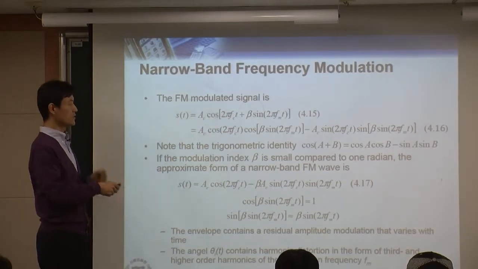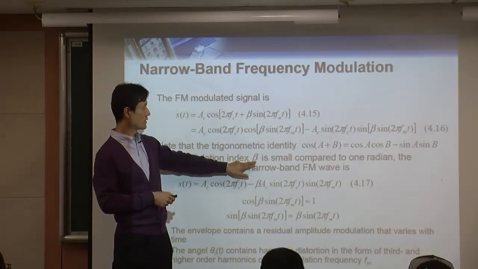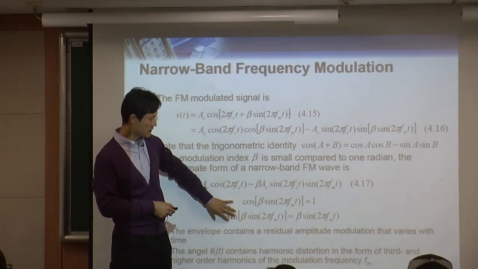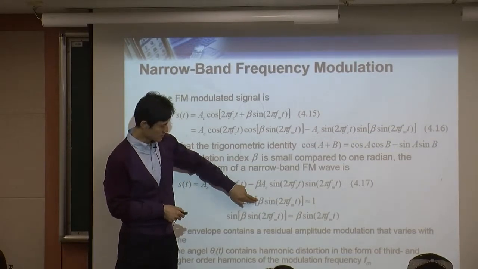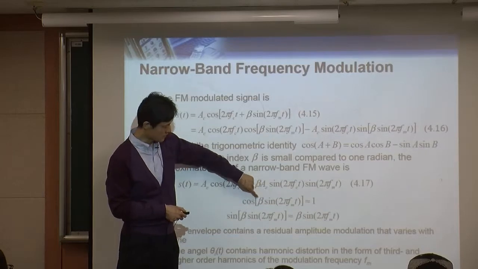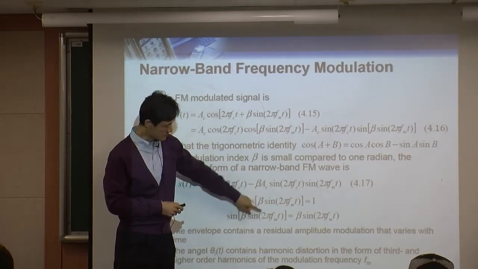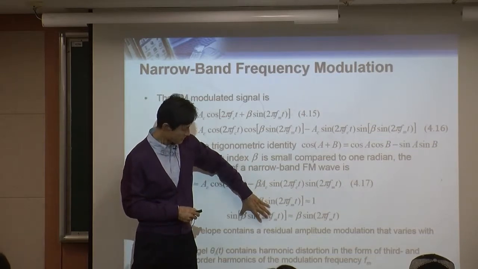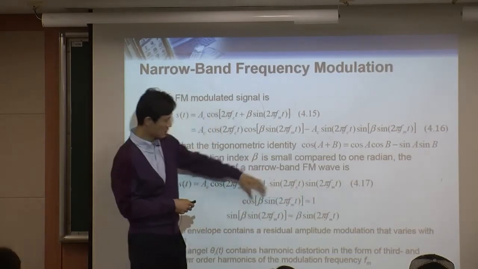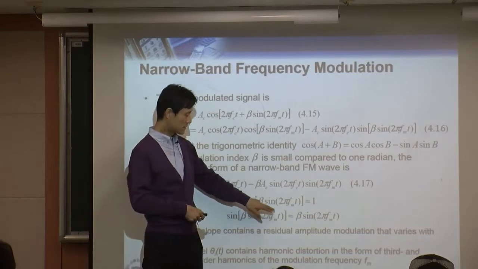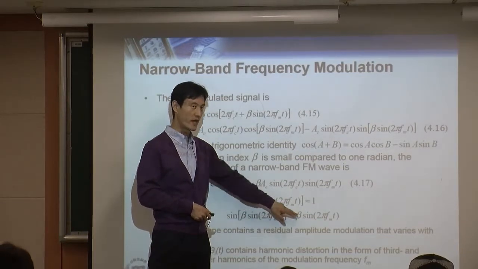Now if we assume that beta is small, then using these two approximations, cosine of beta something, when beta is small, can be approximated to 1. And sine of beta something is the inside parameter, so sine x is approximated to x.